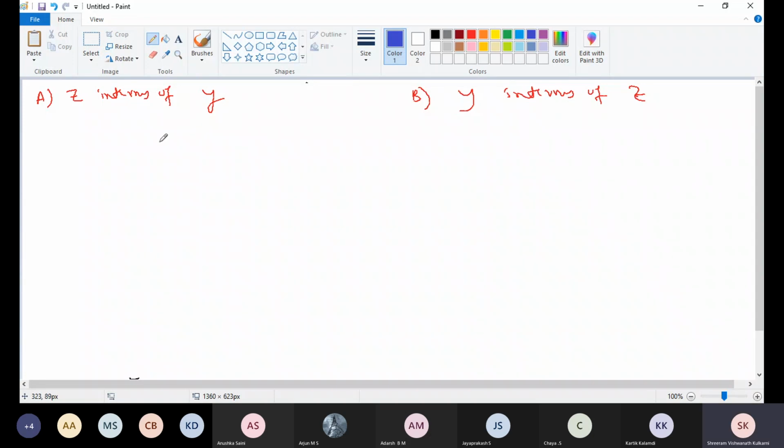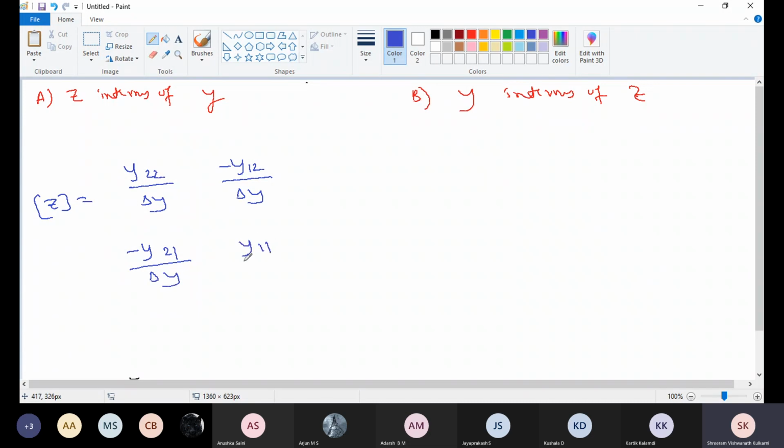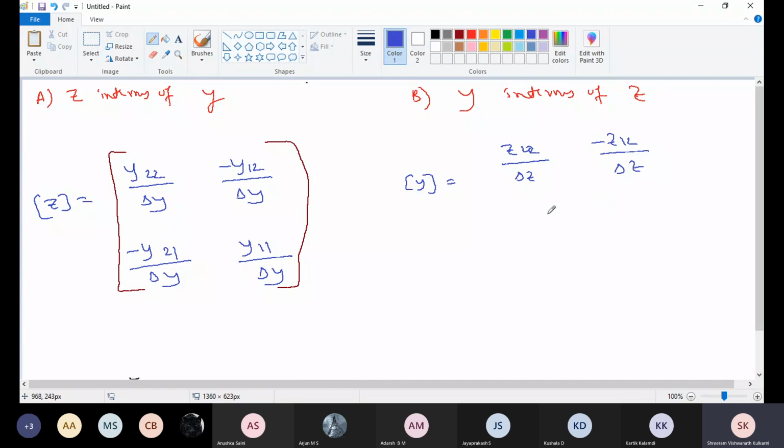For Z in terms of Y, I can write directly Z equals Y22 divided by delta Y, minus Y12 divided by delta Y, minus Y21 divided by delta Y, Y11 divided by delta Y. Similarly, I can write Y equals Z22 divided by delta Z, minus Z12 divided by delta Z, minus Z21 divided by delta Z, Z11 divided by delta Z.